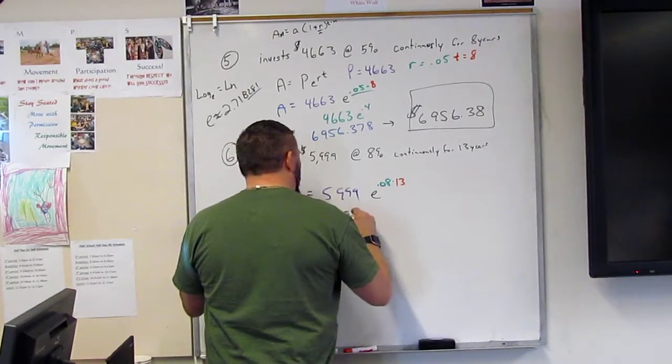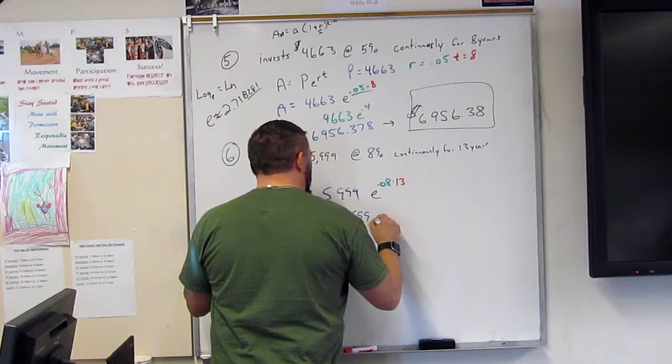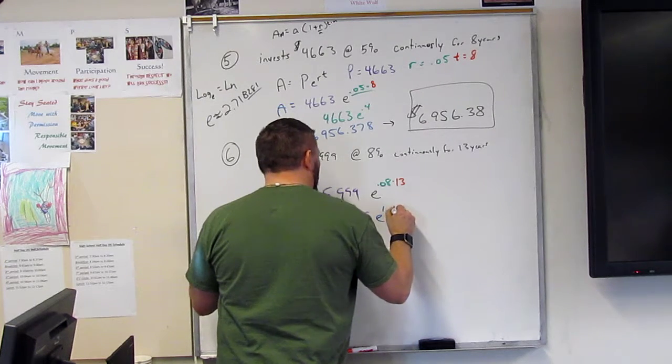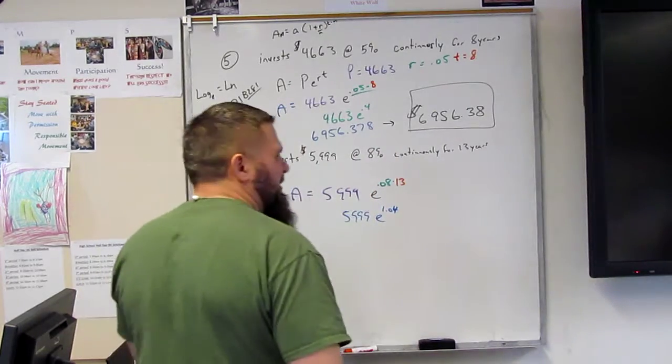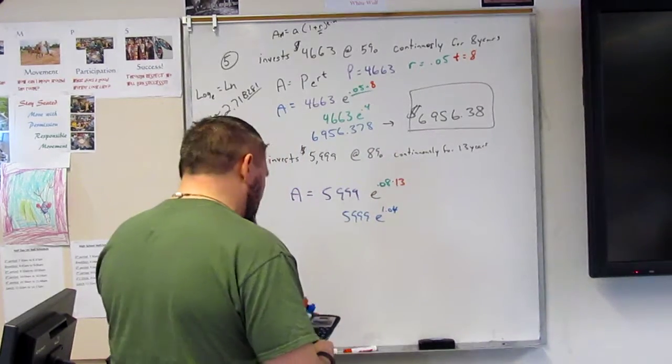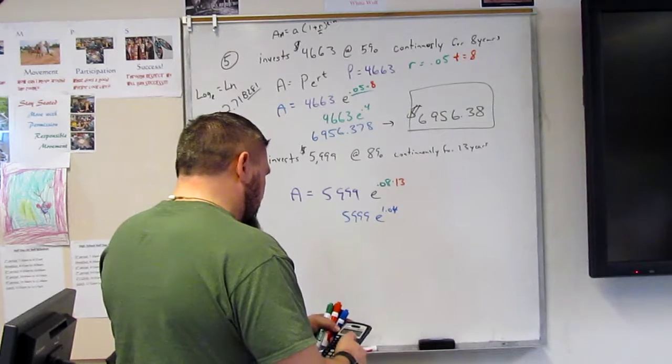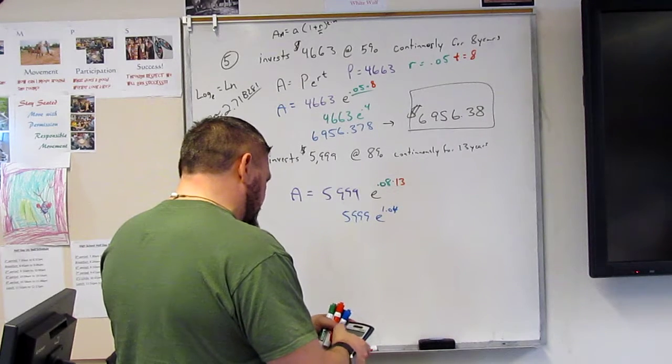So I would just go 5999 times e to the 1.04, or you could just plug it in your calculator. Here we go. Again, I would start with e.